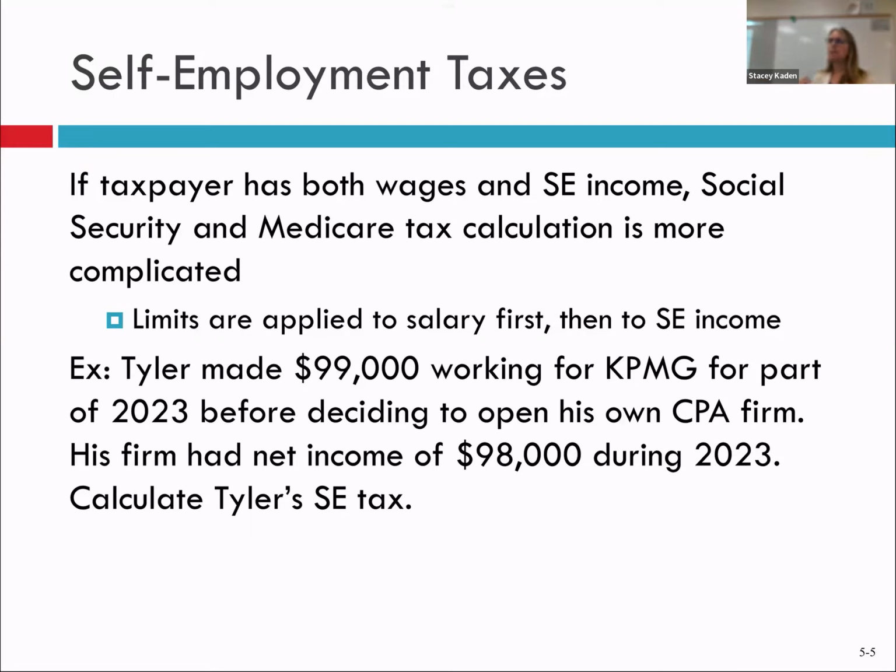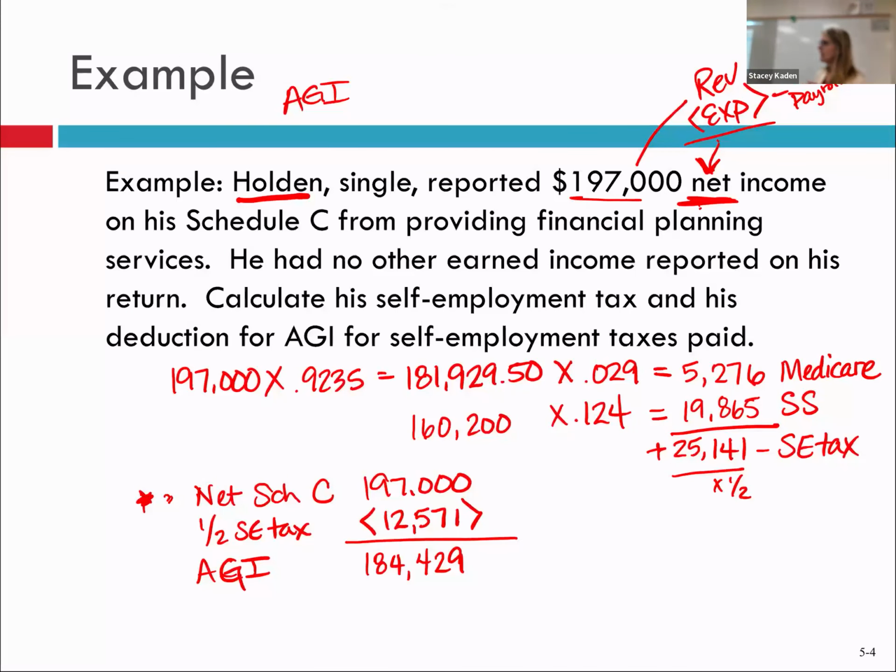That means we just have to watch out and make sure that they're not paying more in Social Security tax than they should have to. Whether you're an employee or you're self-employed, the max income that you should have to pay Social Security tax on is 160,200. And once you reach that, you can stop.